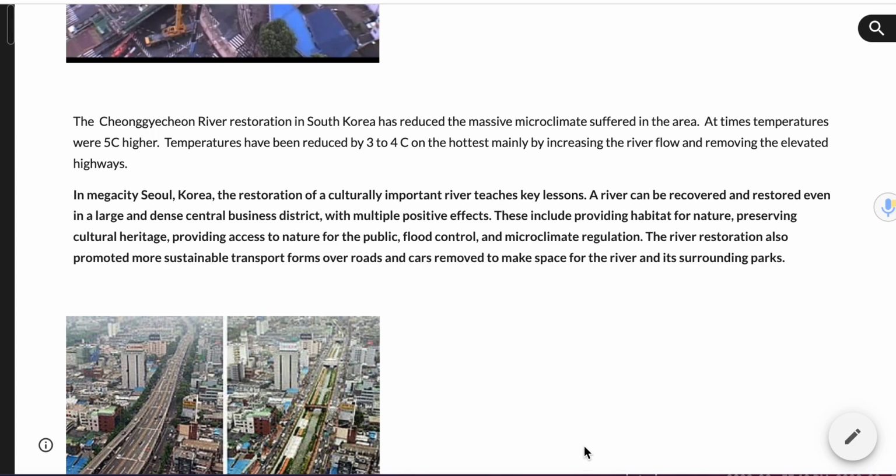This is such a successful project that it has actually been replicated in many other cities. So we're taking this knowledge of our systems, applying it to a real place, recording and observing the improvements they made, and then taking that best practice to other cities. So this links in very strongly to sustainable cities and communities.